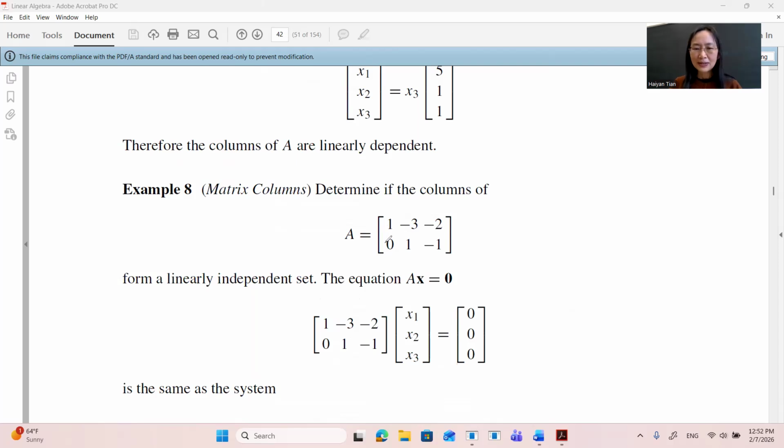And you notice that there are 2 constraints, that means 2 equations, but you have 3 variables. There must be a free variable, at least one free variable.